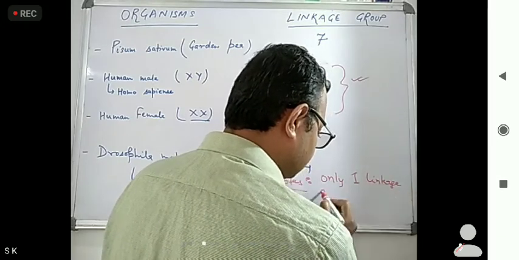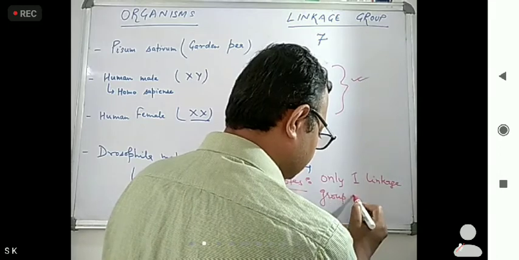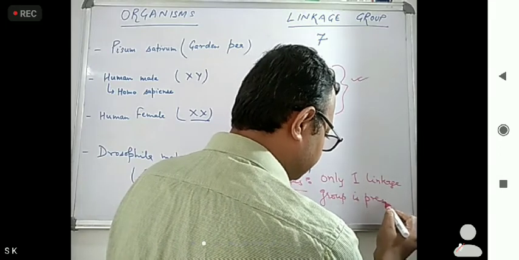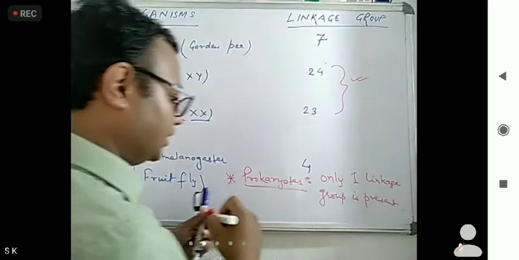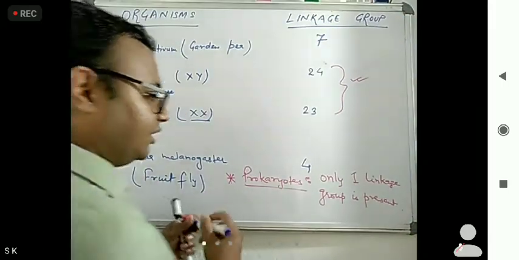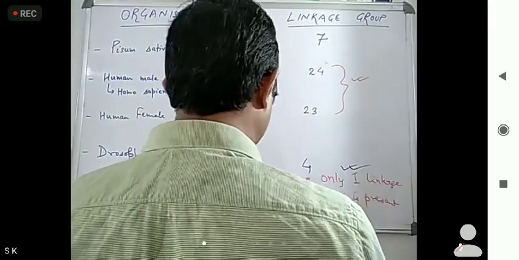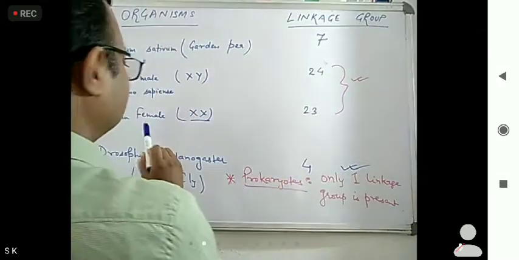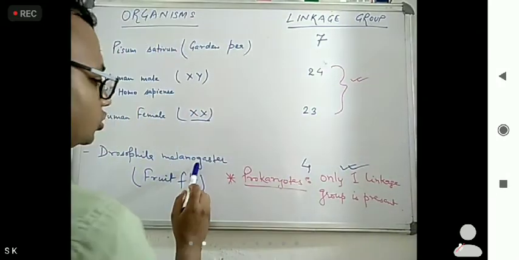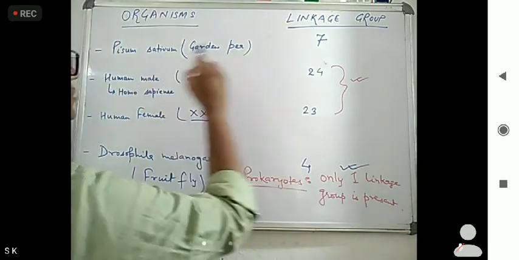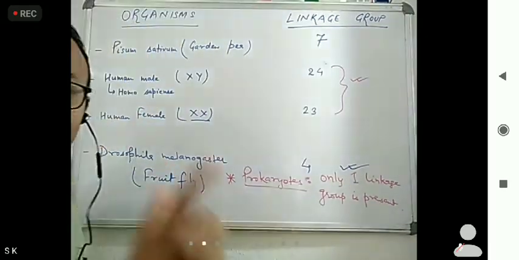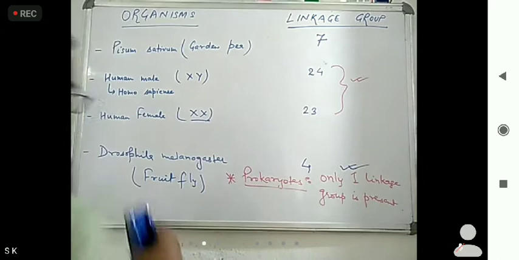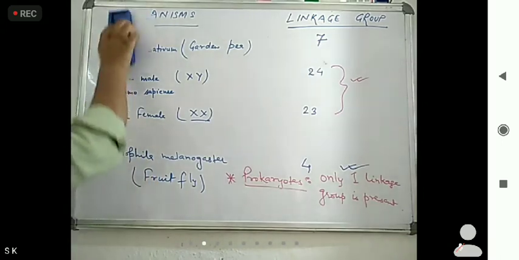This also you have to remember, that prokaryotes have only one linkage group. Human male 24, human female 23, Drosophila 4, Pisum sativum 7, the haploid set of chromosomes. So this is linkage group.